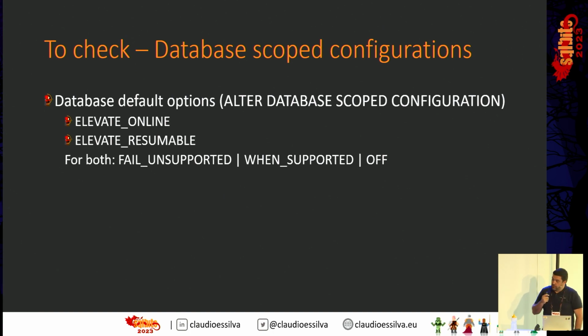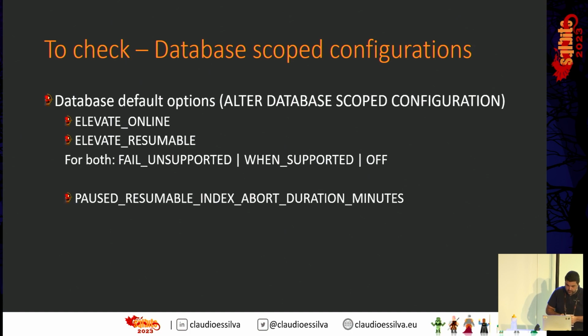So you can set what happens if you try to run that and that option is not supported because you are running a standard edition, for instance, okay? You can say at the database level, hey, let's put it when supported, meaning that you can put the keywords on the index creation, but if it actually is not supported, it will not error, but will not use the online or the resumable option, okay?